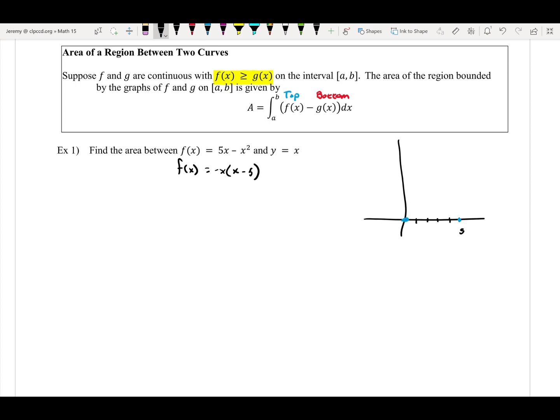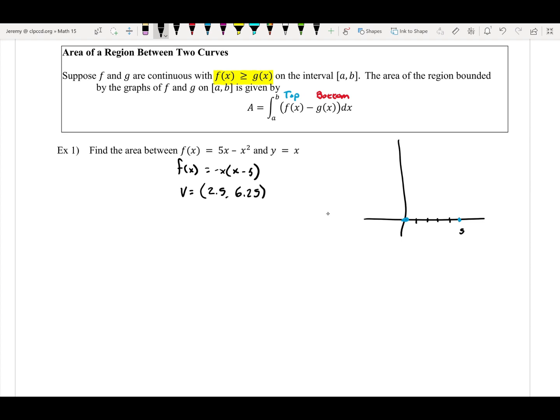And if I wanted to, I could pretty quickly find the vertex to get the graph. The formula for the x-coordinate is negative b over 2a, which ends up being 2.5 in this case. We also could just look, it's halfway between these two x-intercepts. Then I plug that into the function and I get out 6.25.